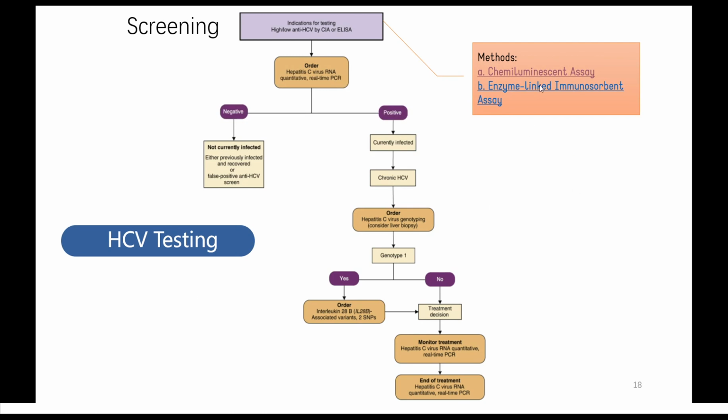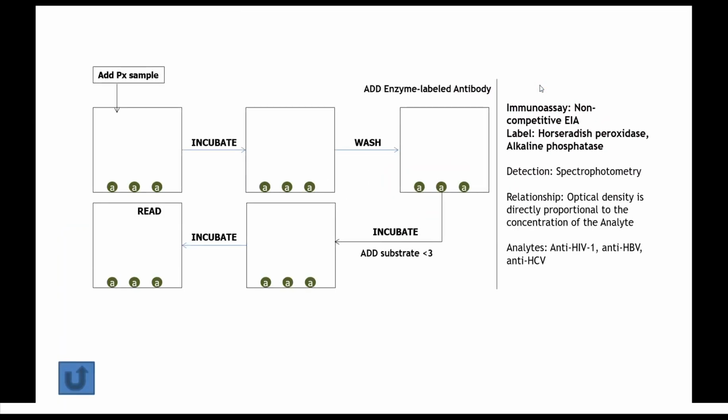Enzyme-linked immunosorbent naman is almost similar to chemiluminescent, except that the labels used here is in the form of exactly enzymes. And the most commonly used enzyme label is horseradish peroxidase. So, ano yung principle nito? Actually, pareho lang kanina. So, meron kang solid phase antigen here.